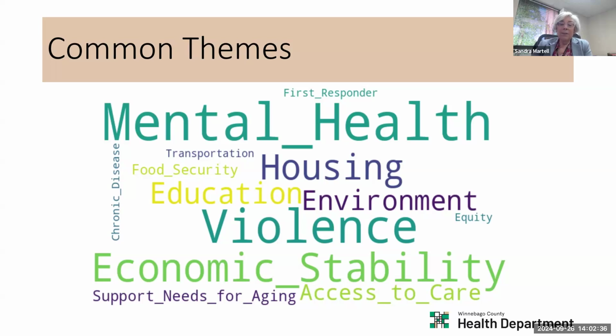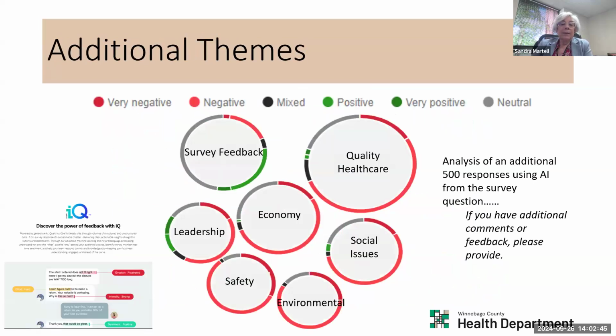So again, these were just common themes that came through: access to care. And we had a little opportunity. You can go to the next slide. I think the most interesting thing was that of those respondents, we had an additional 500 responses to the survey question: if you have additional comments or feedback, please provide.